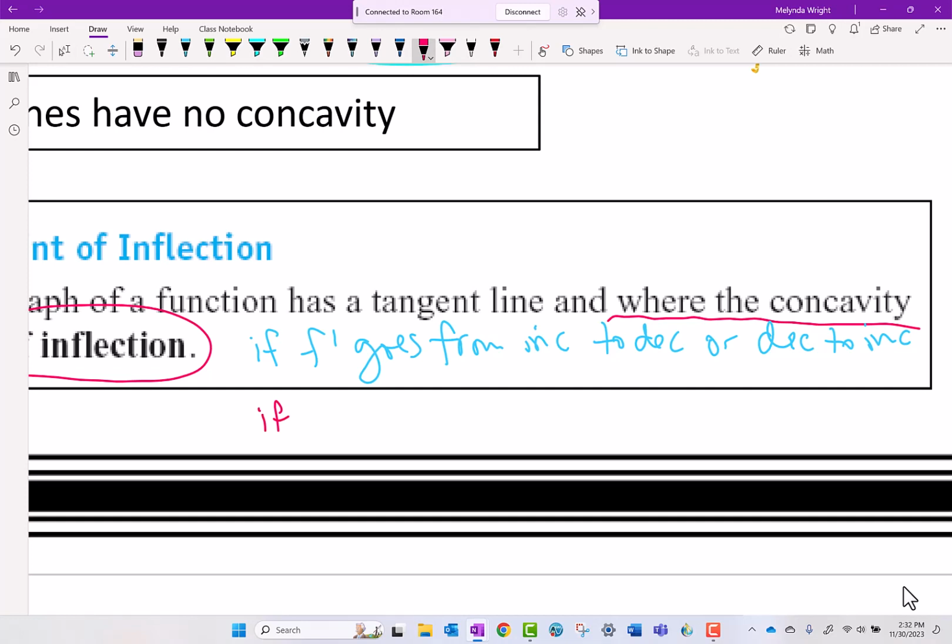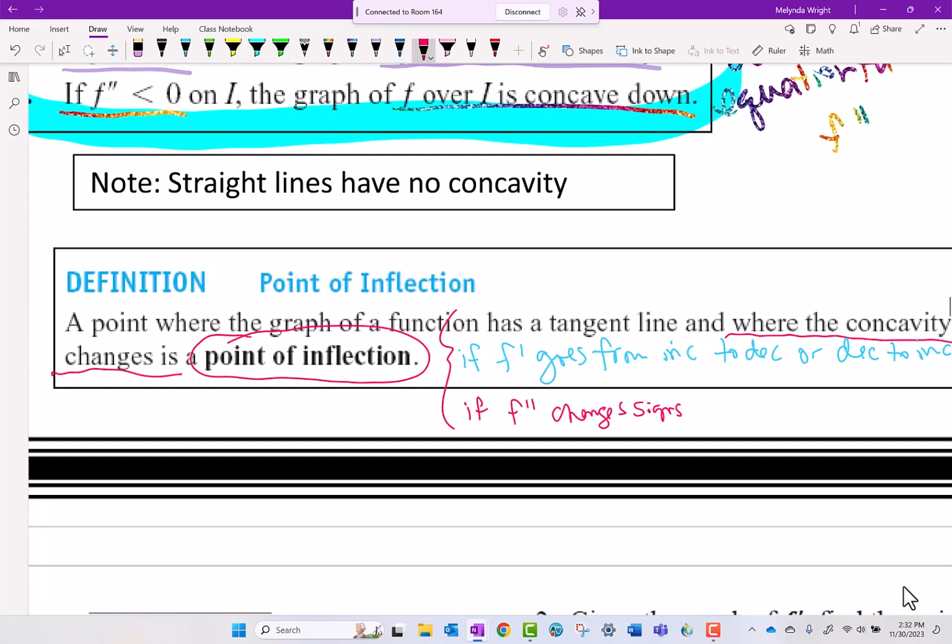If F double prime changes signs. Both of these are ways to determine, and the only ways to determine, if you have a point of inflection. So you're going to need to use either the first way or the second way. So we either look at F prime going from increase to decrease or decrease to increase, or F double prime changing signs. All right, so how are we doing on concavity and points of inflection?